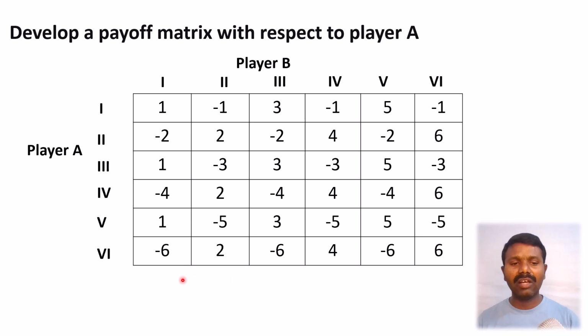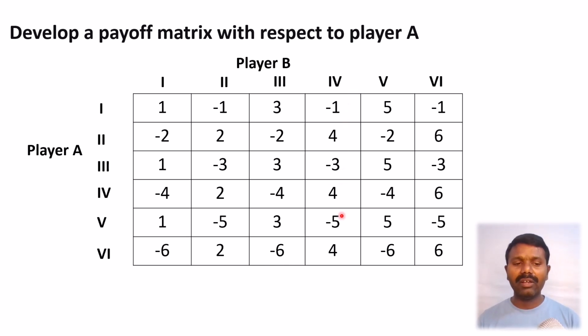Let us see the last row. Here he is selecting the die number 6, and 6 plus 1 is 7, so he will lose, minus 6 rupees. 6 plus 2 is 8, an even number, so he will gain 2 rupees. 6 plus 3 is odd, so minus 6.